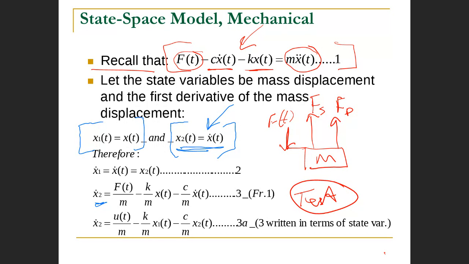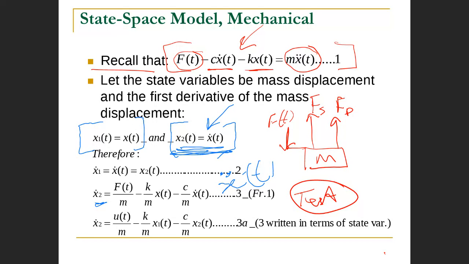Let's write it. Double dot x of t. What's that? When you differentiate this expression here, you're going to get x2 dot of t equal what? x double dot of t, which is actually equal to what?